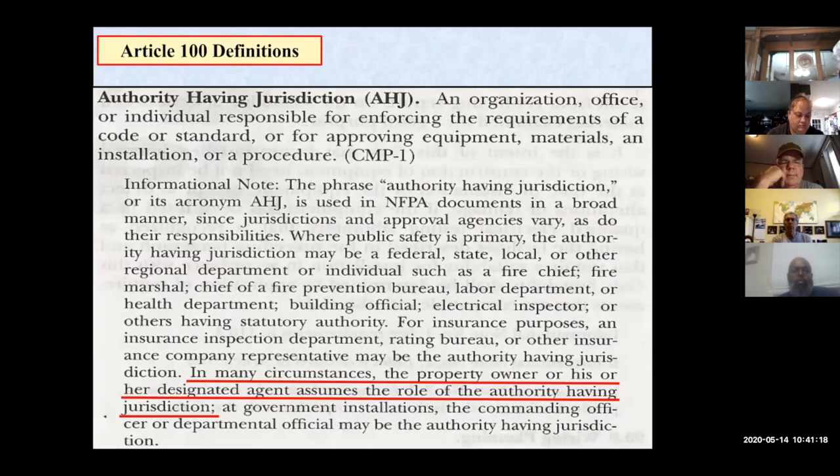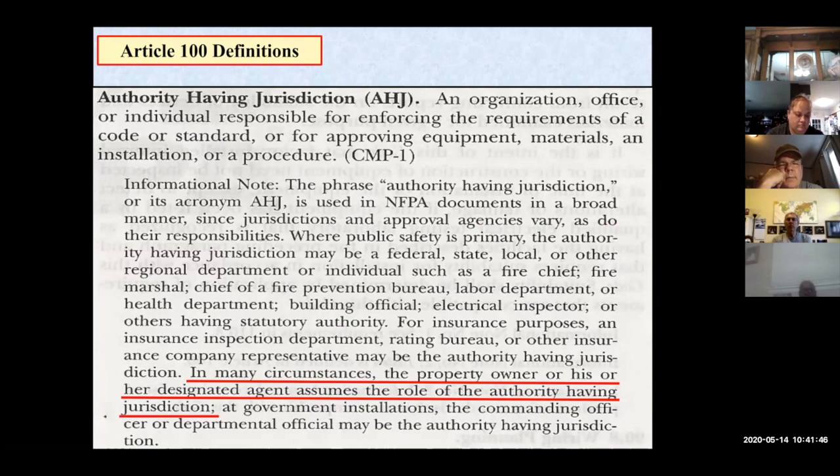Now, authority having jurisdiction: an organization, office, or individual responsible for enforcing the requirements of the code or standard, or for approving equipment, materials, installation, or a procedure. It's interesting to note that the authority having jurisdiction can be not just the electrical inspector that comes out.